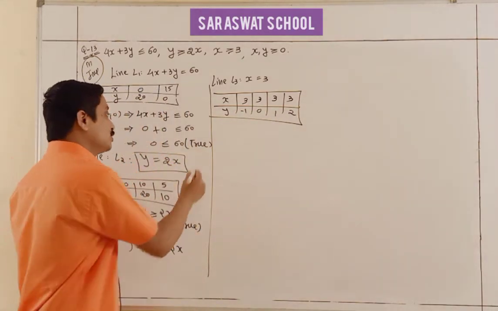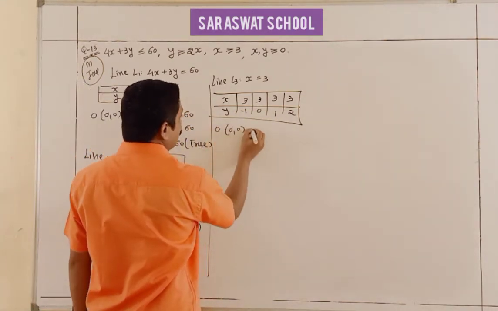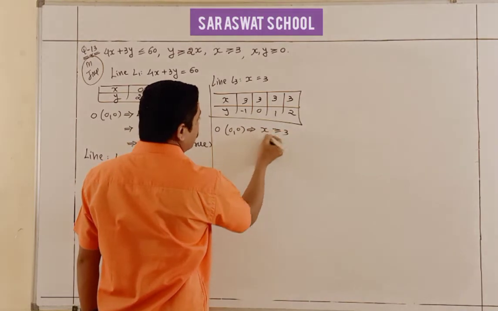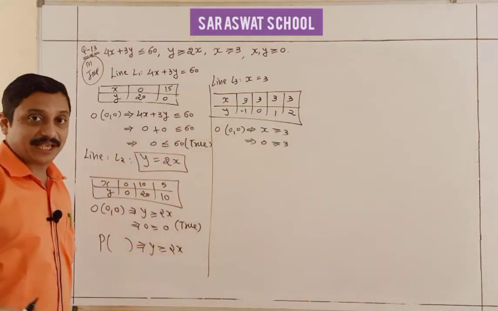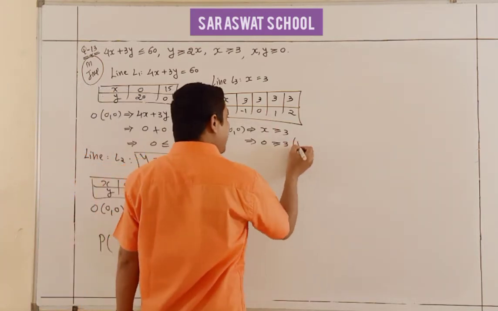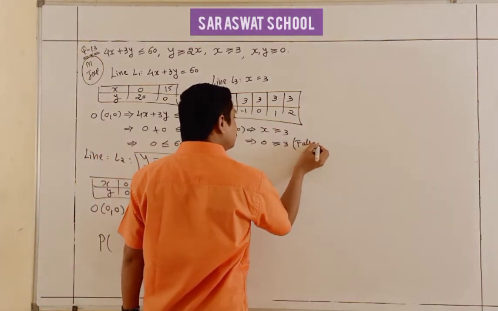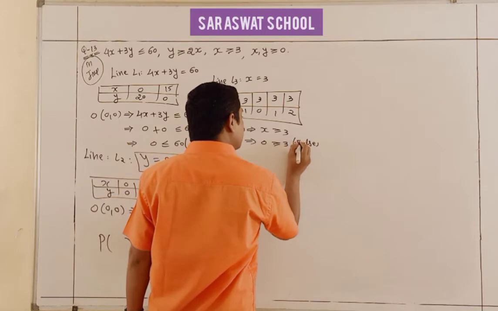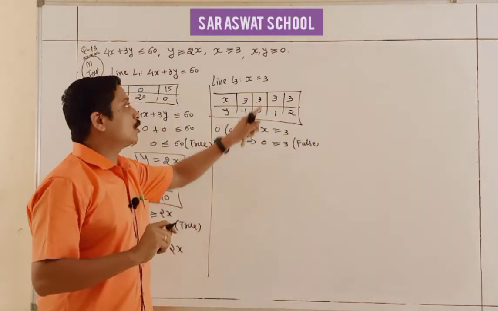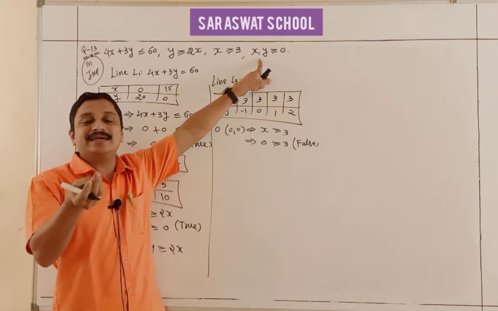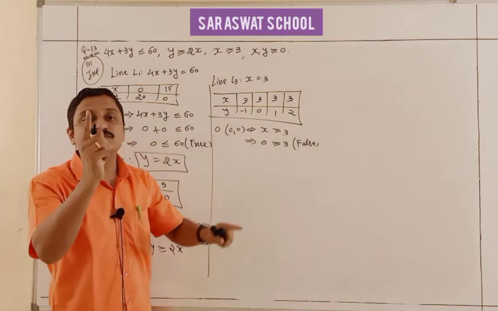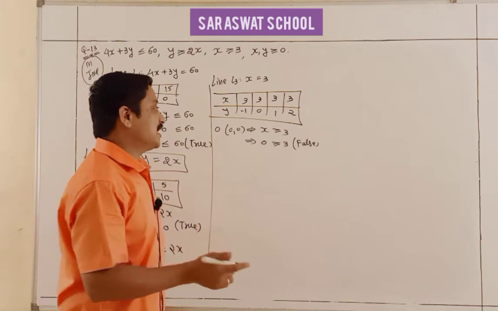And here also you check 0, 0: x greater than or equal to 3, 0 greater than or equal to 3. Is it false or true? Yes, definitely it is false. Now students, these do not require line checking. It is itself the x-axis and y-axis, both positive. It is the first quadrant. Now I start my graph.